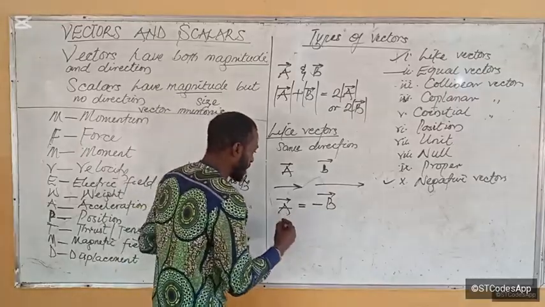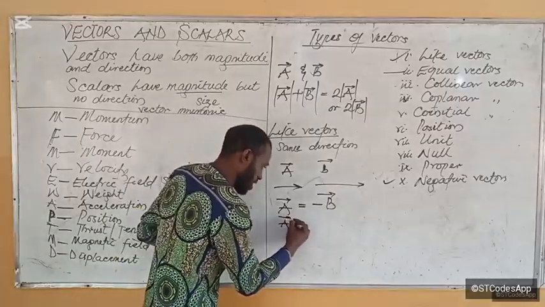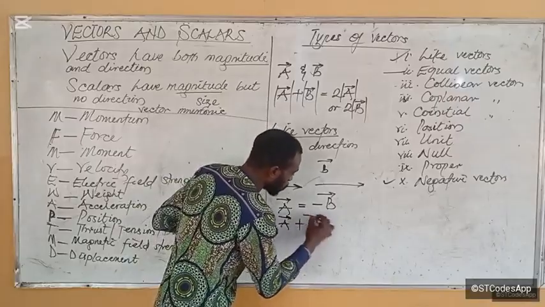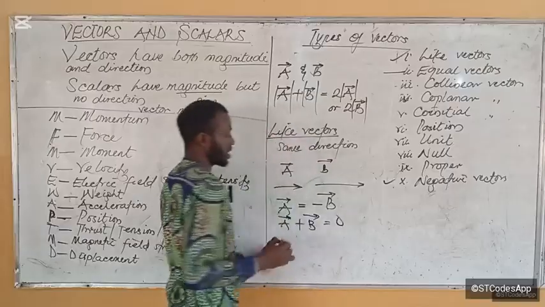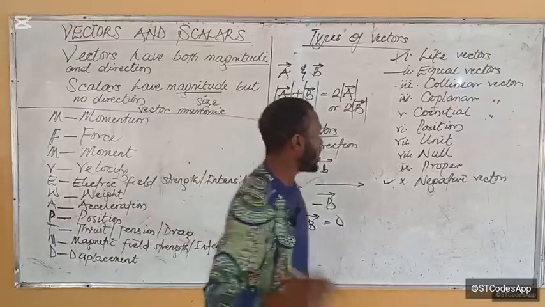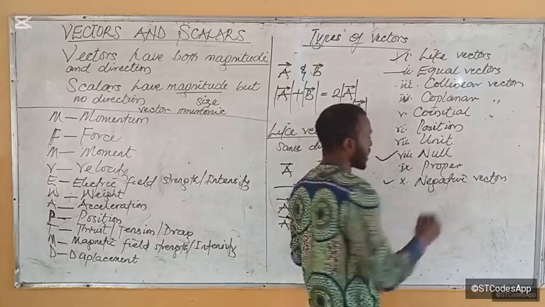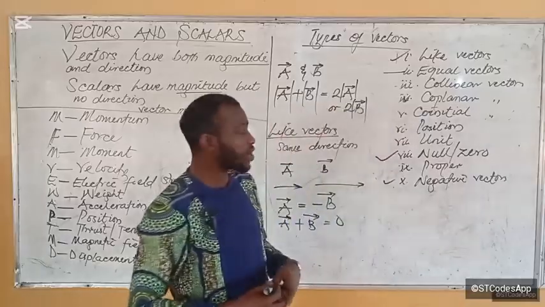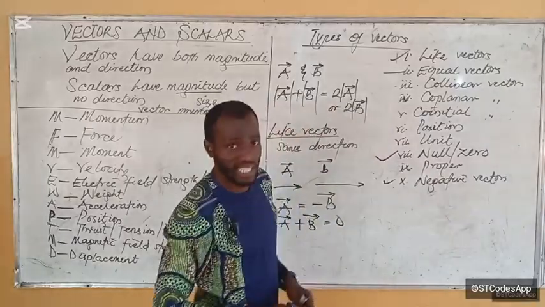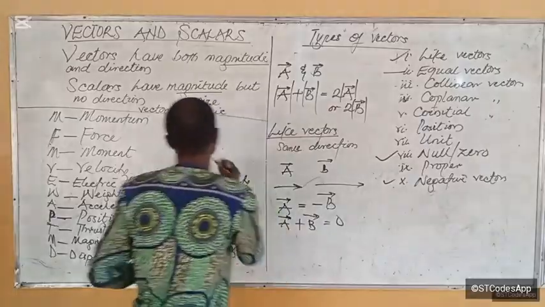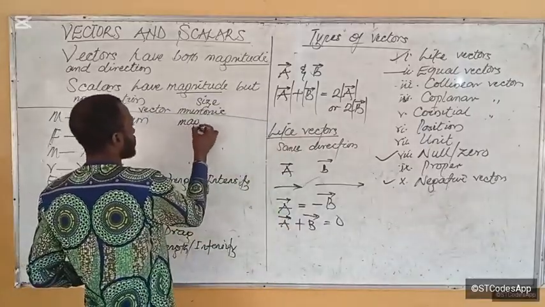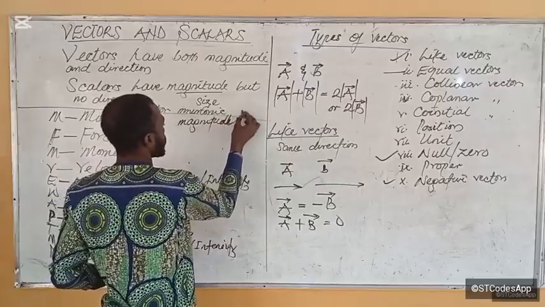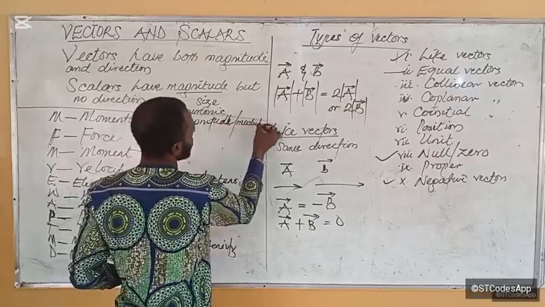So what that means is that if we add vector A and vector B together, we'll get 0. Now, what is a 0 vector? A 0 vector is a null vector. A null vector is one whose magnitude, and by the way, magnitude also means modulus, is 0.